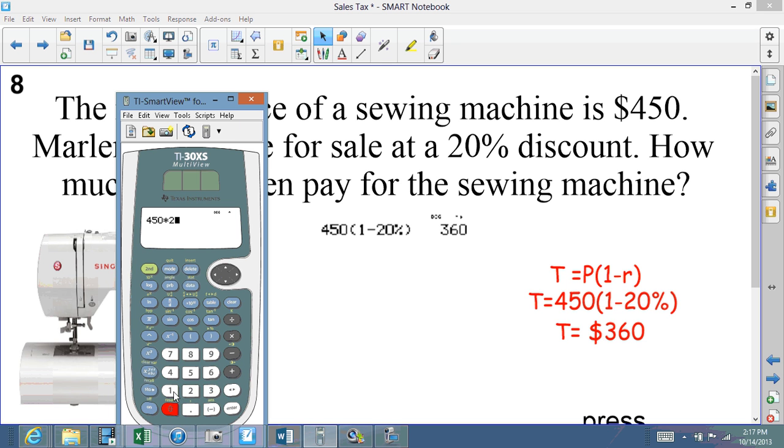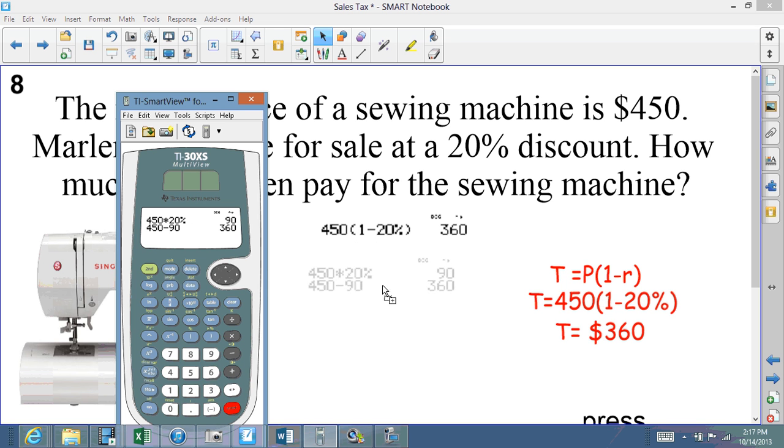So she receives 20% off of the machine, and that would give her a savings of $90. So she would save $90. So if the price was $450 and she saves $90, we subtract $90 from the $450, that should give us another $360 again, which she would have to pay.